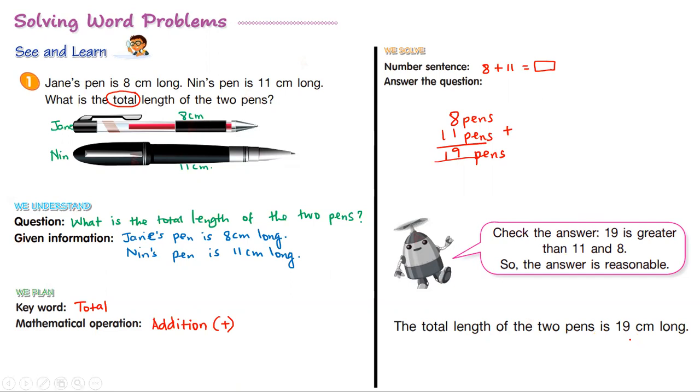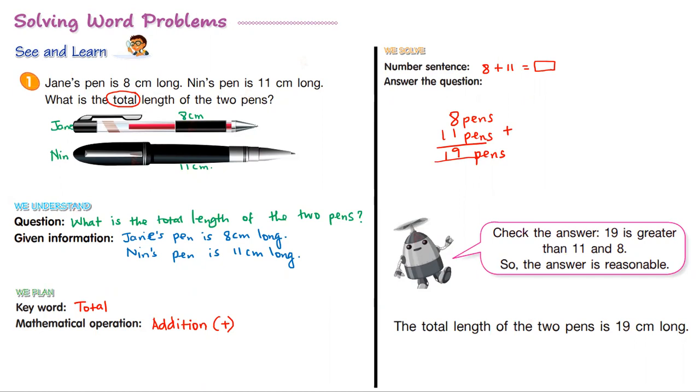Now I hope you understand the steps that you should go through to solve any word problem. Number one, read and understand the problem. When you read, you get to know what you were asked, and you get to know what information you have.